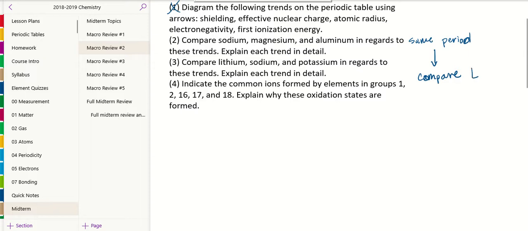ENC. Compare ENC. So, the highest ENC goes to aluminum. The lowest ENC goes to sodium. That means sodium is going to have the highest, or largest, radius.